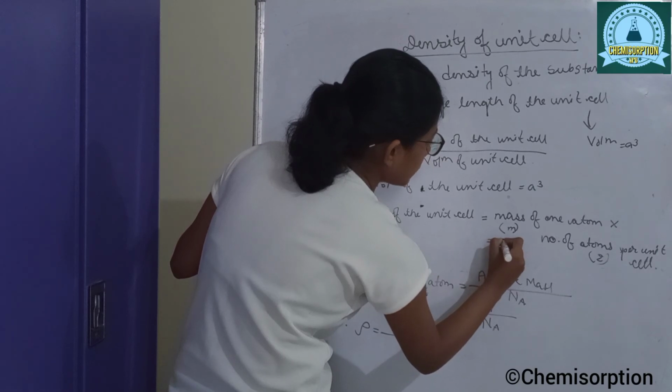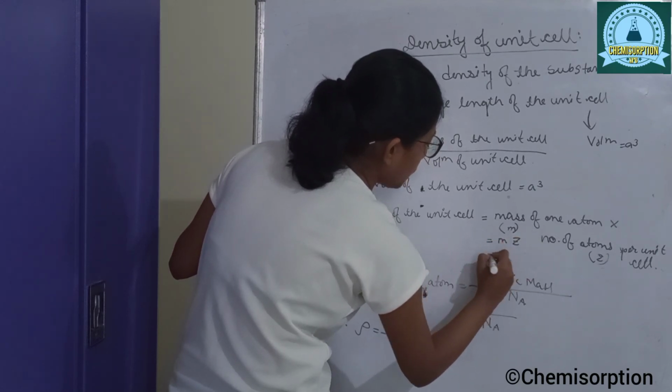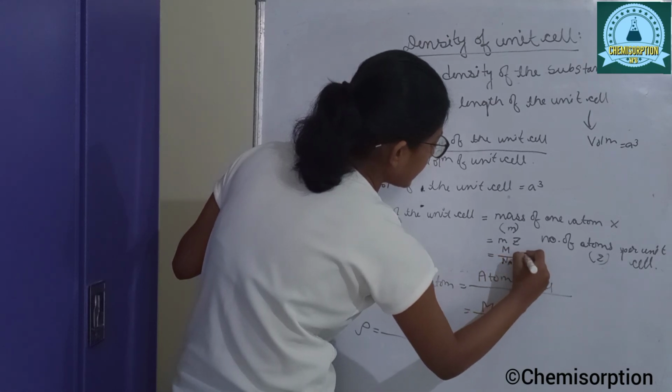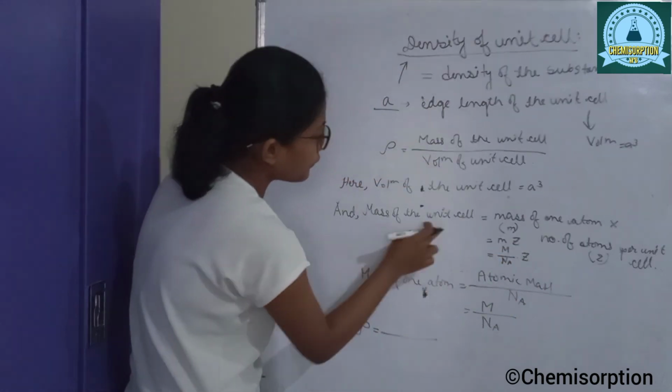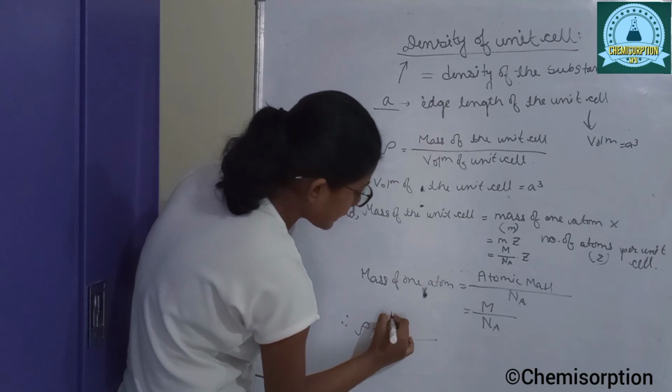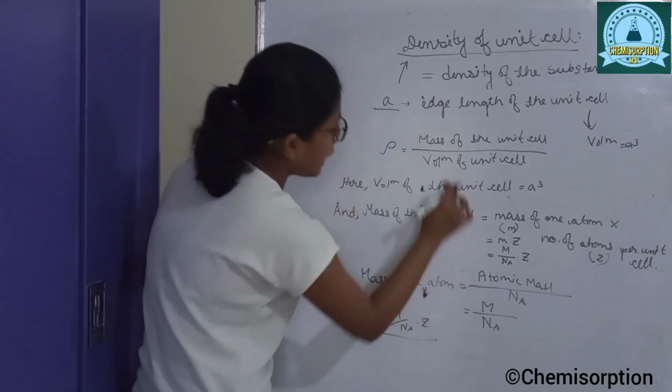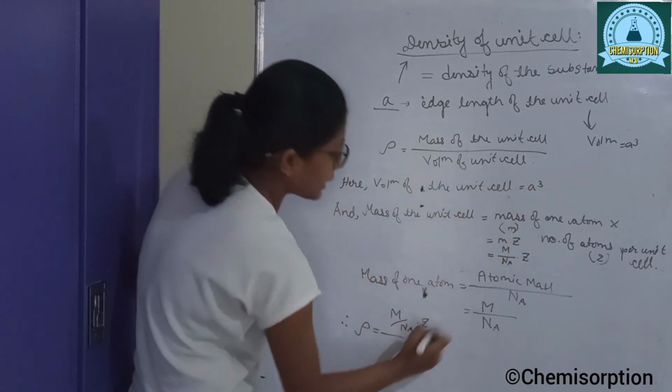Therefore, mass of the unit cell is M by Na into z and volume of the unit cell is a cube.